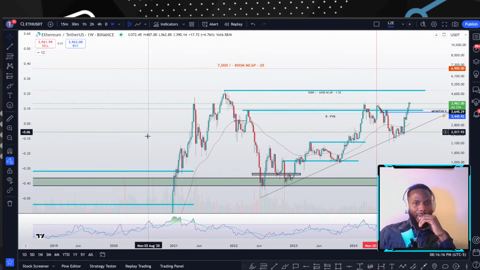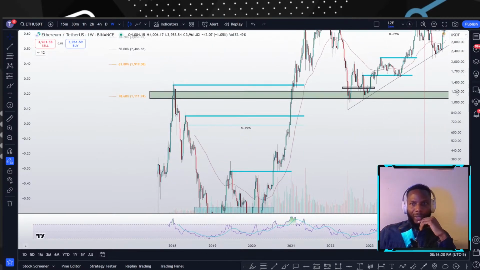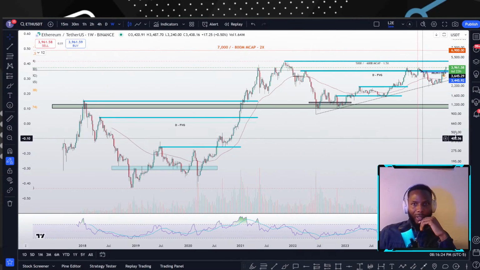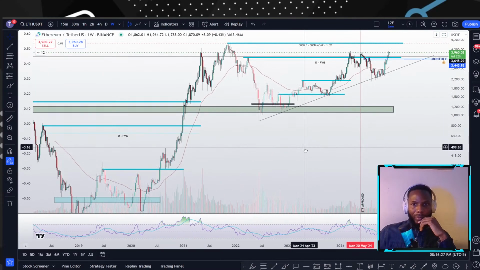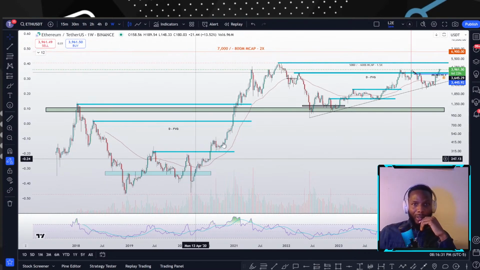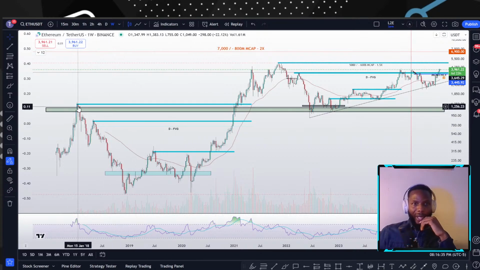I've been covering this chart for a while, because when I first started looking at Ethereum at the beginning of the year, from last year actually, I saw this area, and then we had this major resistance area.